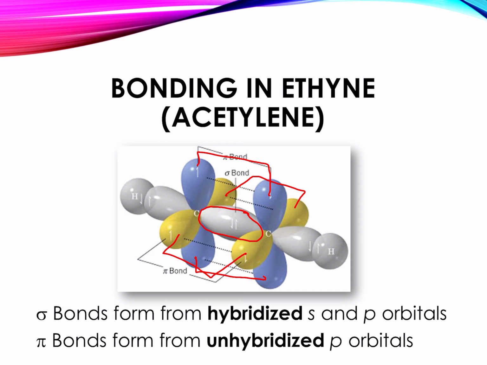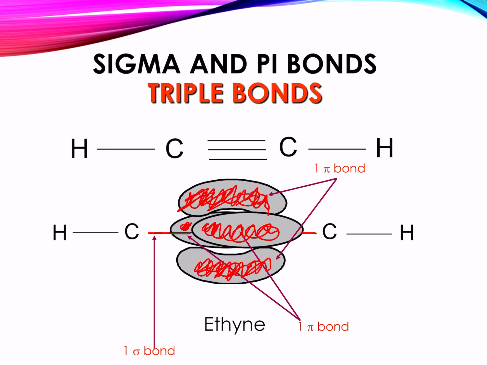And it's helpful to note the pi bonds are being formed from unhybridized p orbitals. So acetylene, I'll back it up a page. Acetylene is sp hybridized because it has 2 areas of electron density. And so when we're looking at carbon, carbon originally had a 2s and 3 2p's.